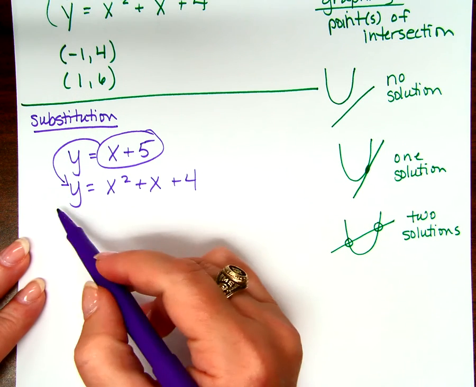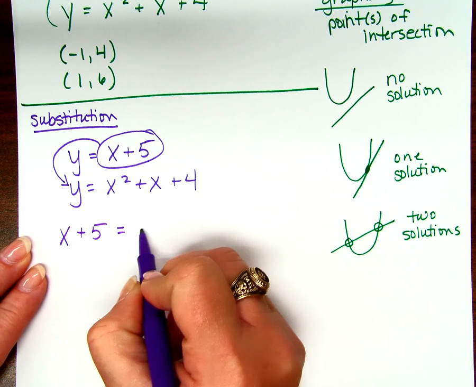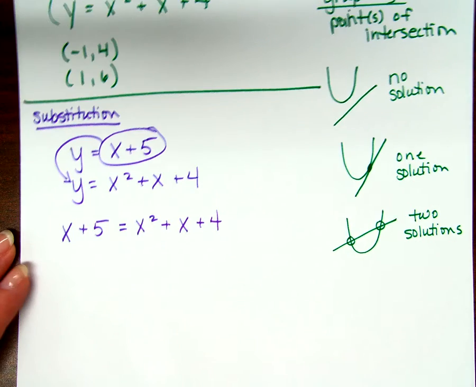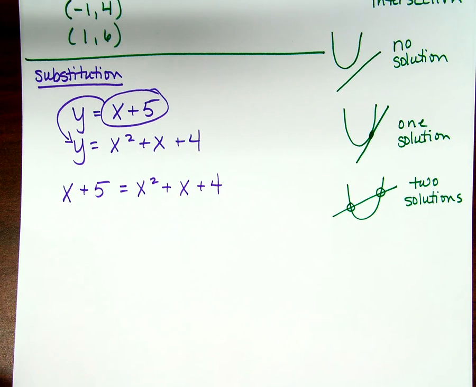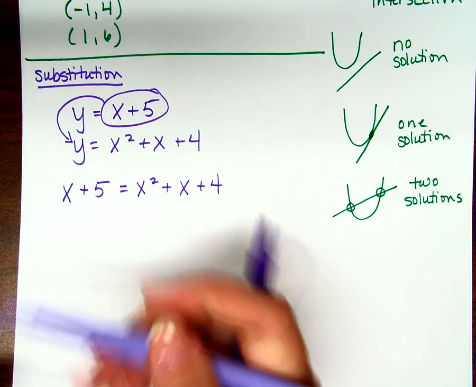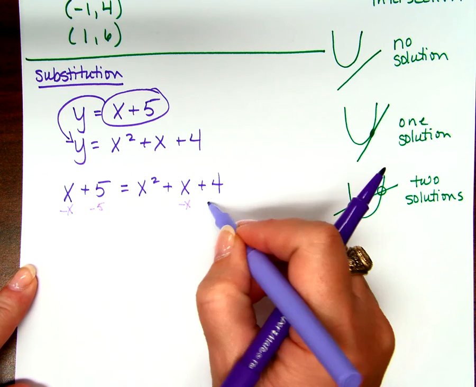So if I take x plus 5 and substitute it in for y, my new equation says x plus 5 equals x squared plus x plus 4. You okay with that? Now what? I need to get it equal to 0, and I'm going to do that by combining like terms. I'm going to subtract x from both sides. I'm going to subtract 5 from both sides.